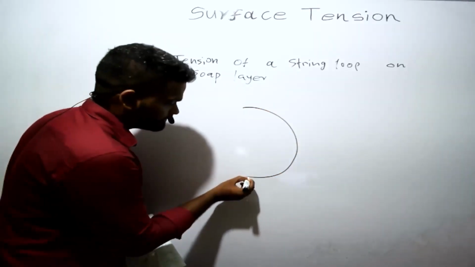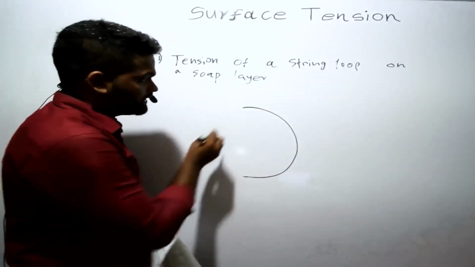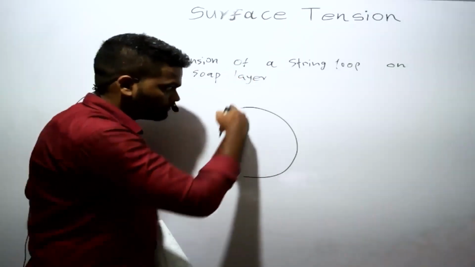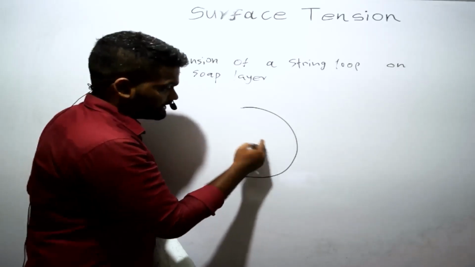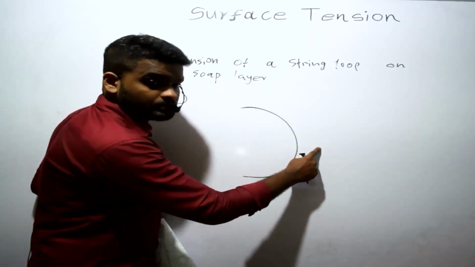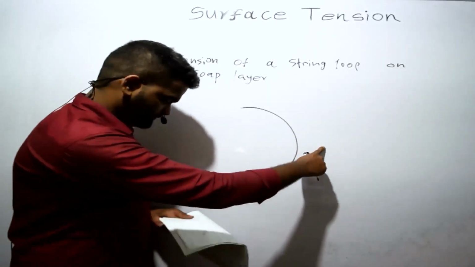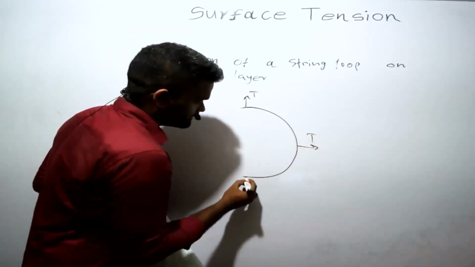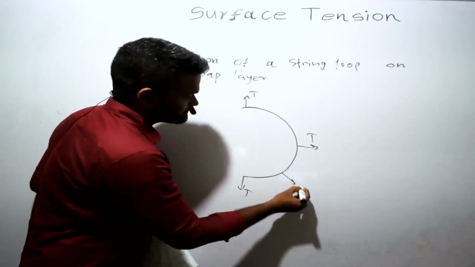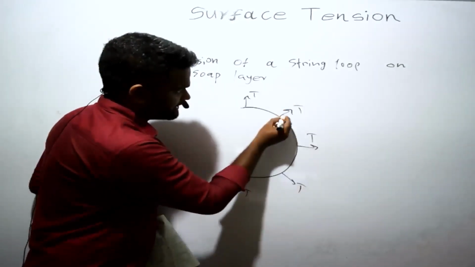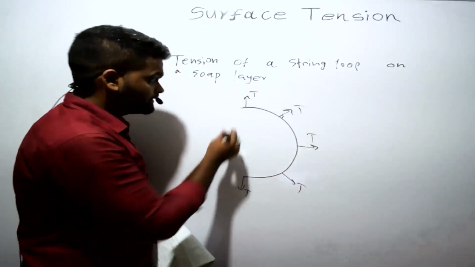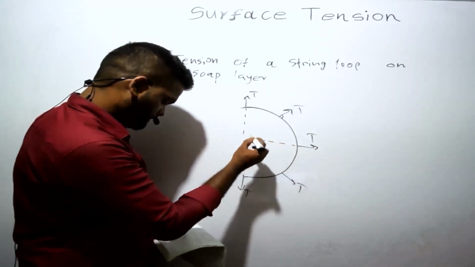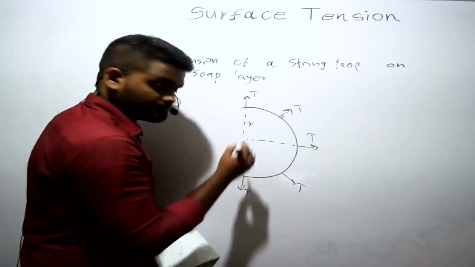You just cut it from the middle, then you get only half of the string. Here you have air, here you have soap. So from the soap side, you have these surface tension forces, perpendicular and everywhere, right? Let's say the radius is simply r.